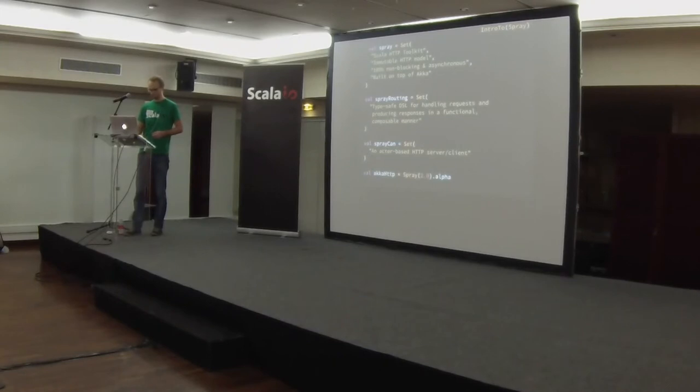So Spray CAN is super fast, and I can recommend running everything on Spray CAN. And as Matthias already said, Akka-Http is pretty much Spray 2.0. It's still being developed, but by the end of the year, it should be pretty stable.